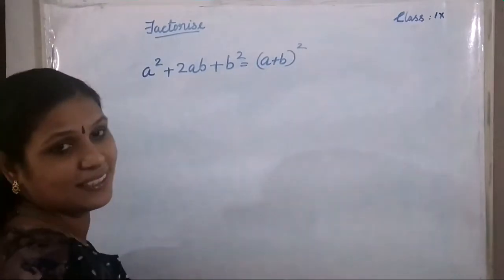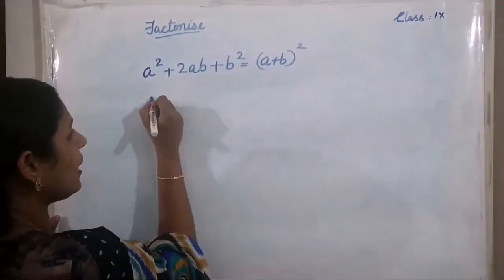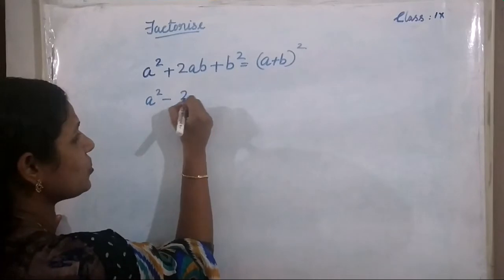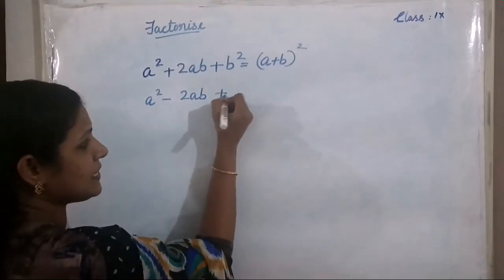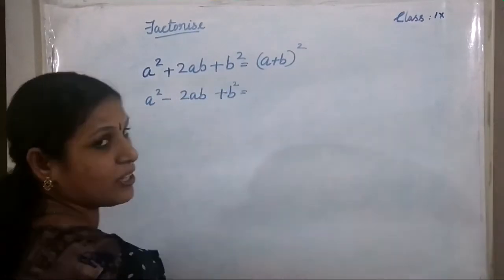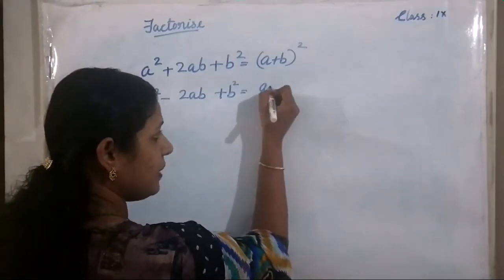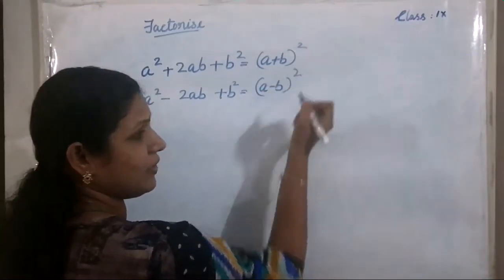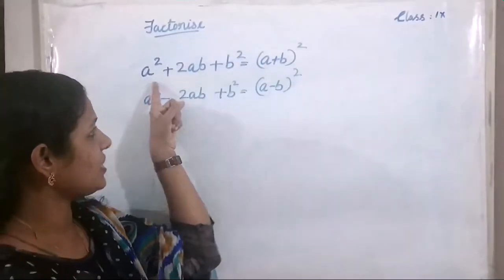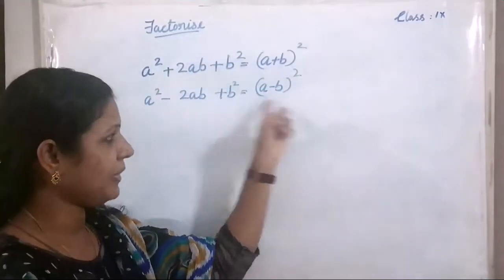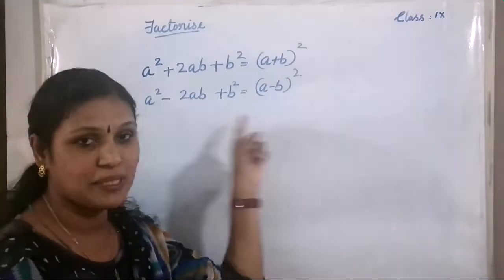And a square minus 2ab plus b square is (a minus b) whole square. So (a plus b) whole square is a square plus 2ab plus b square, and (a minus b) whole square is a square minus 2ab plus b square.